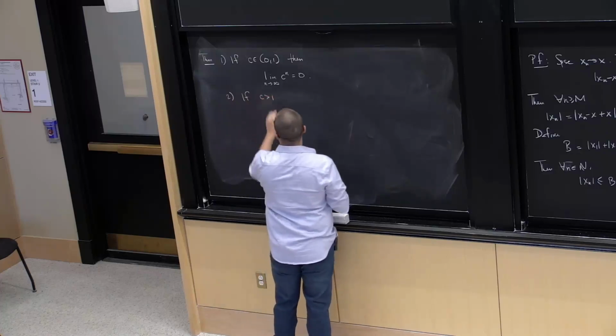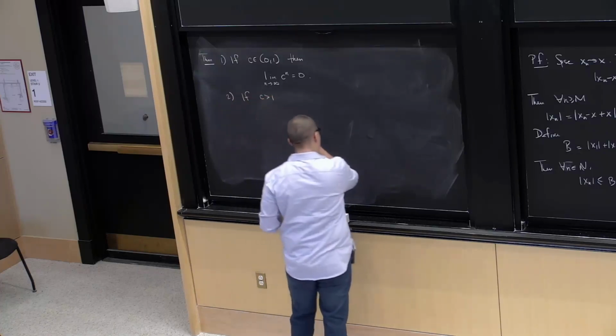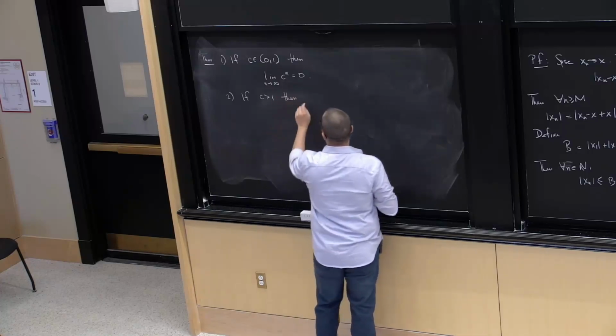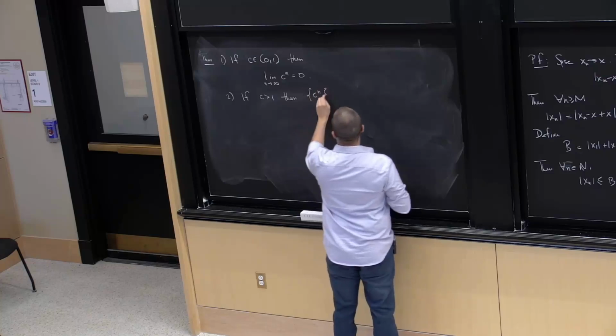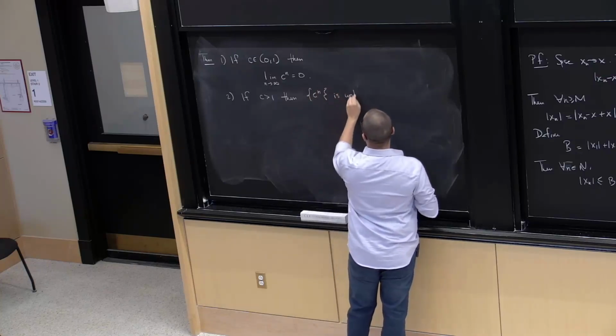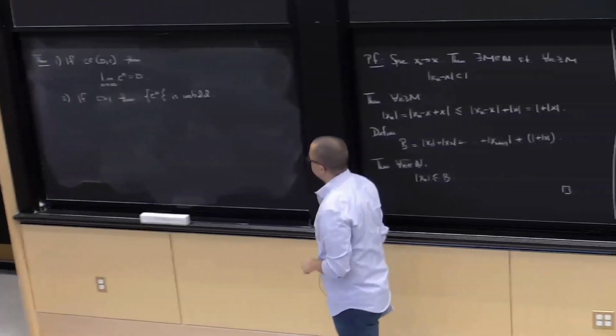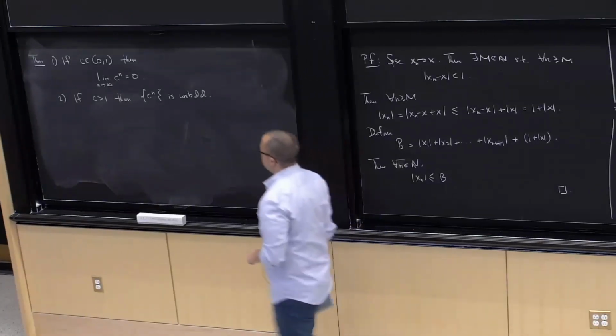And we'll prove if c is bigger than 1, then the sequence c to the n is unbounded. In particular, it can't converge. Okay?